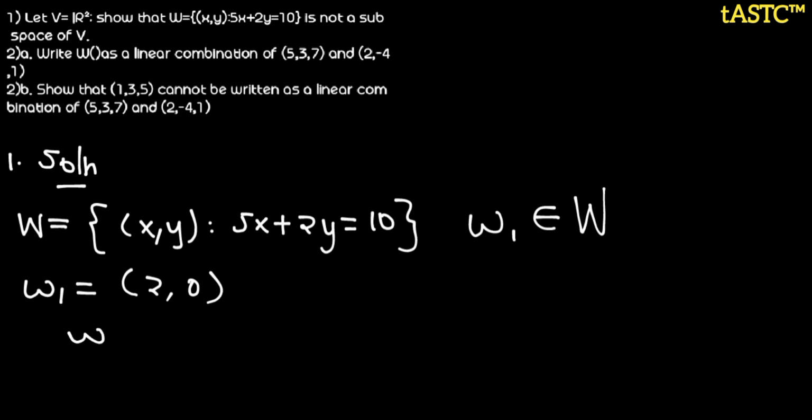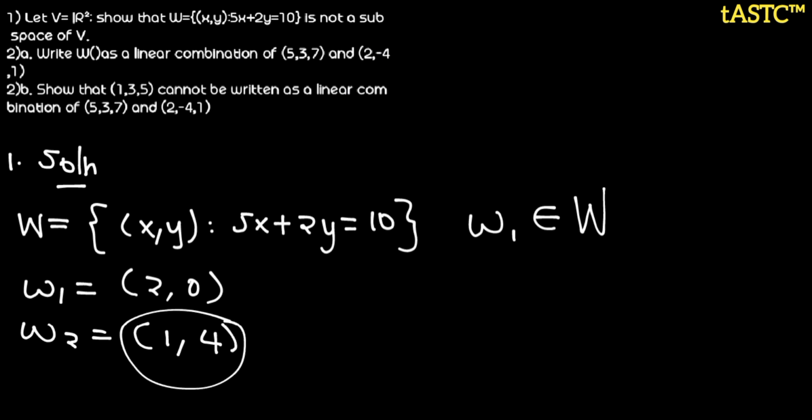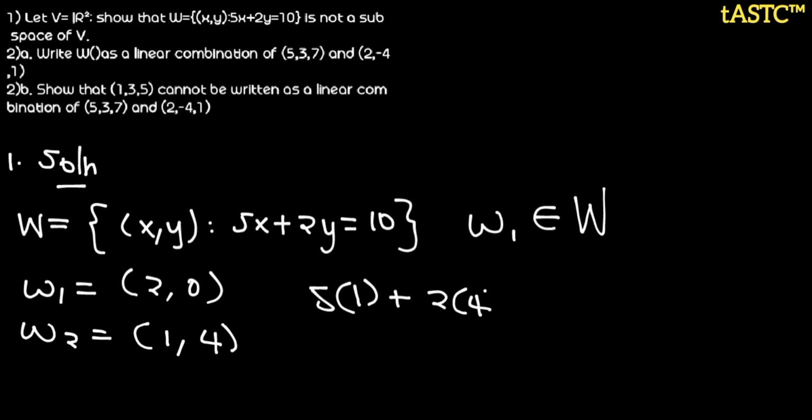What if we chose W2, and let's say that is equal to 1 comma 4? Would this be a true vector under this set? So let us try that. We have a 5, and that must multiply with the number under the x-axis, which in this case is a 1. And here we have 2 multiplied by 4.